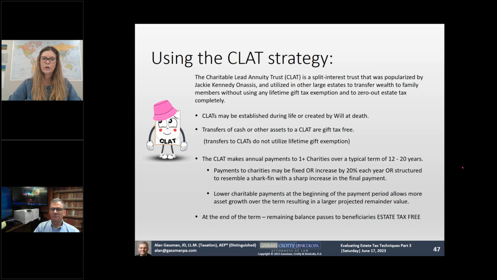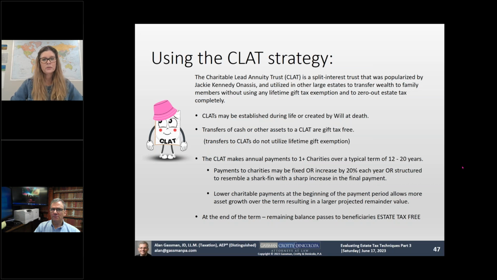So with a charitable lead trust, because the charity gets the payment up front, if it's set up as a grantor trust during life, then it's disregarded for income tax purposes, meaning the person that puts the assets into that trust gets an income tax deduction for the entire amount they put in. So you might not even want to discount it in that case, because you get an income tax deduction for the entire amount in the first year.